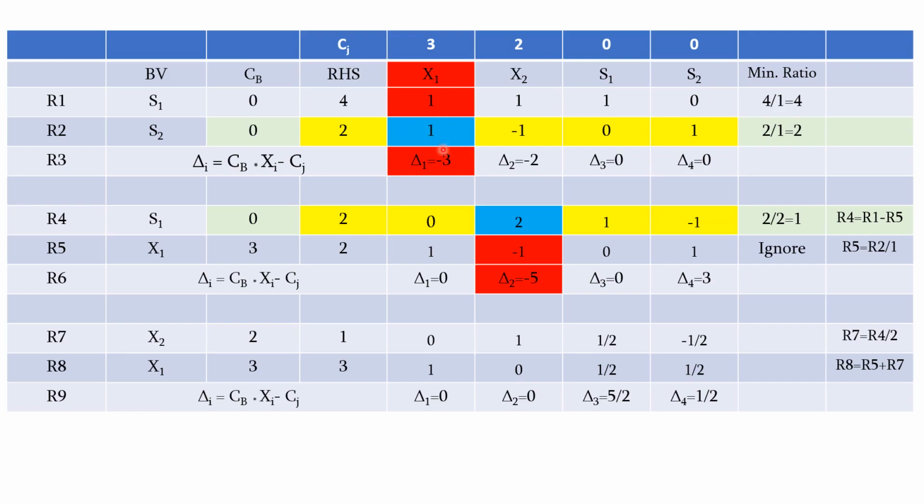The coefficients in the second constraint are x1 is 1, x2 is minus 1, s1 is 0, and s2 is 1. So we have written the rows.